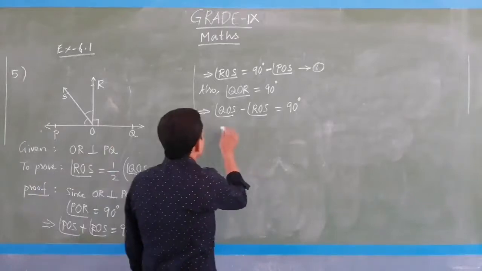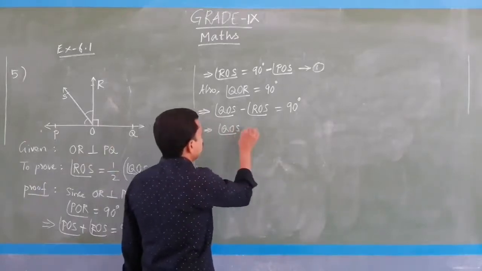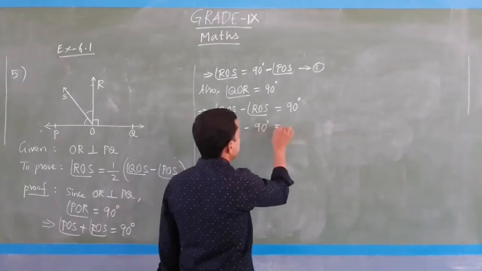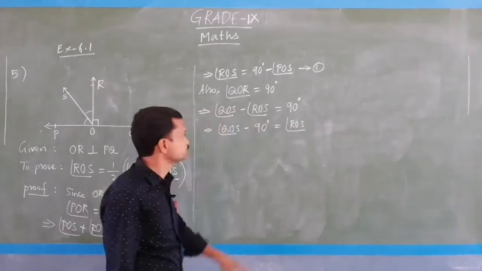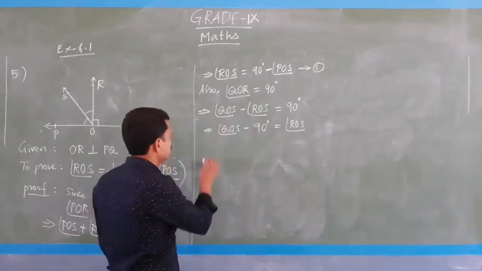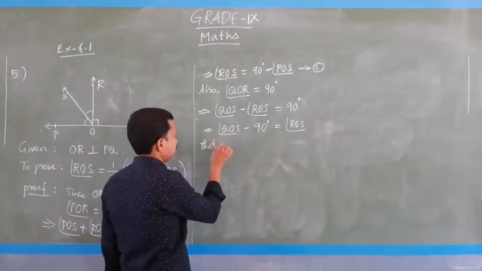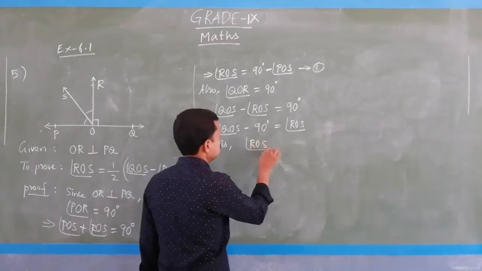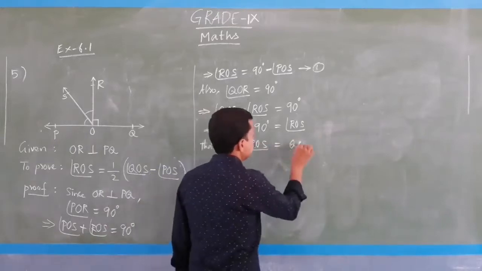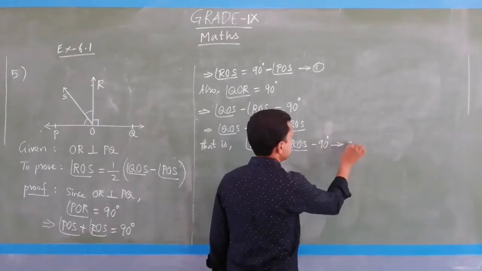So we get QOS minus 90 degree is equal to ROS angle. Am I right? You see here. And now we can write ROS is equal to QOS minus 90 degree, and let it be equation number 2.